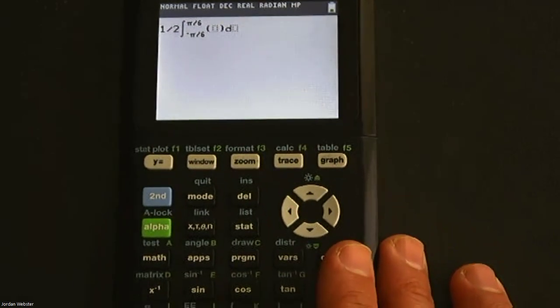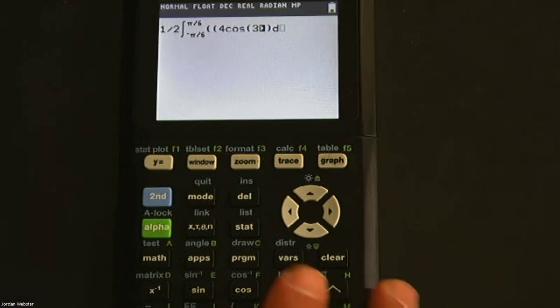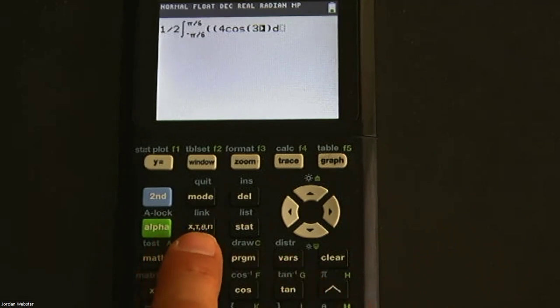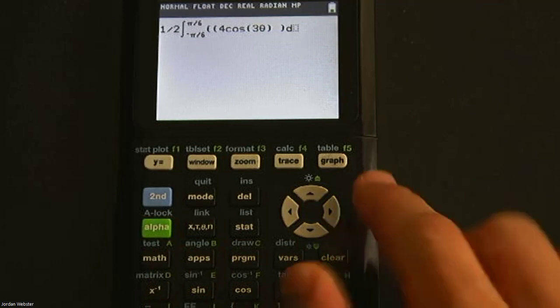And then in the interior, we had 4 times cosine of 3 theta. Now, because we're in polar mode, every time I hit the variable key, I'm going to be hitting the theta button. So if I hit theta, that's just the variable key right here. That'll give me a theta.